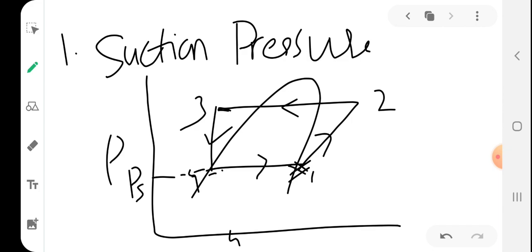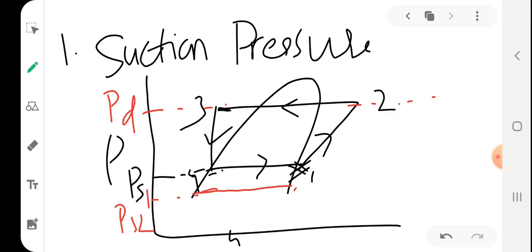If I decrease the suction pressure, say I use another color, this is PS1, and I decrease the suction pressure to PS2. And I am compressing to the same condenser pressure, or same discharge pressure PD.